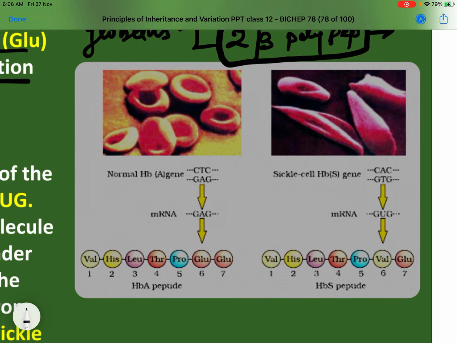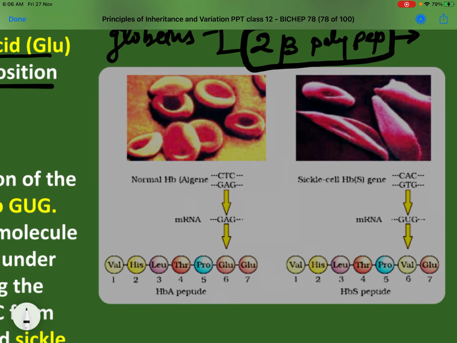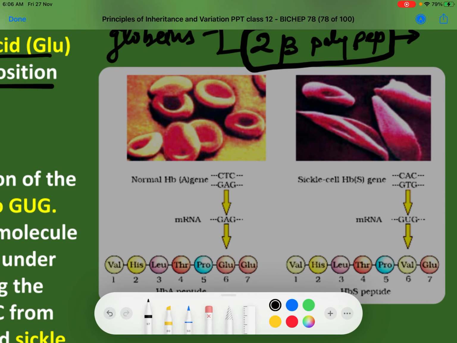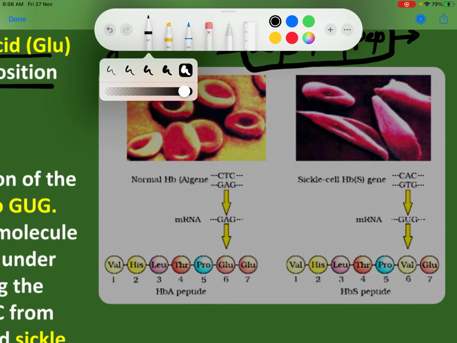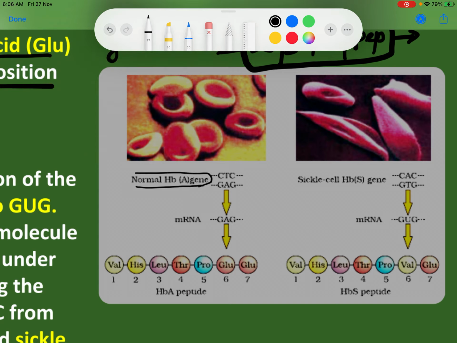If you see the diagram which is given here, which is similar to the diagram in the textbook. So this is normal HbA gene, where the genetic code, at the sixth position, sixth codon, of the gene which is responsible for synthesis of beta globin, shows CTC, right?